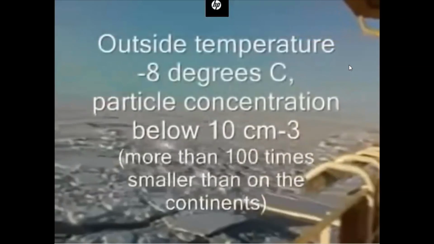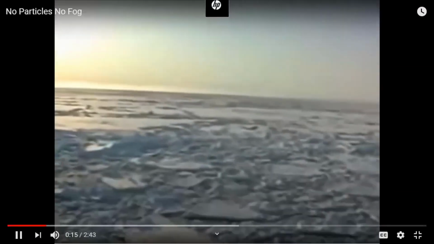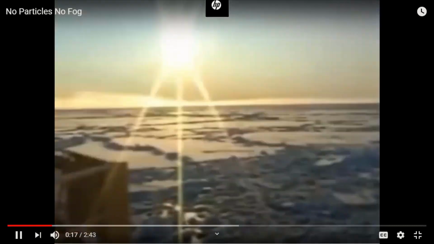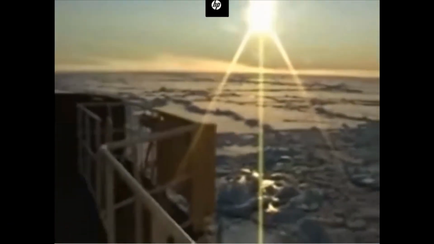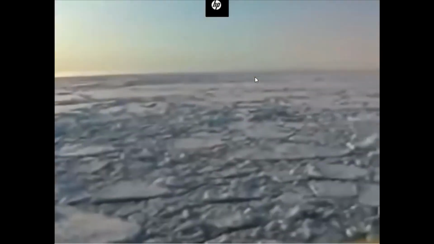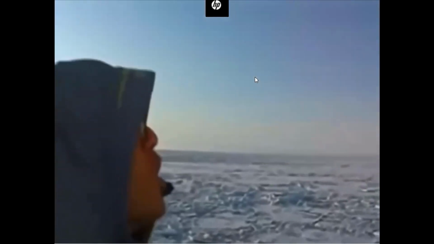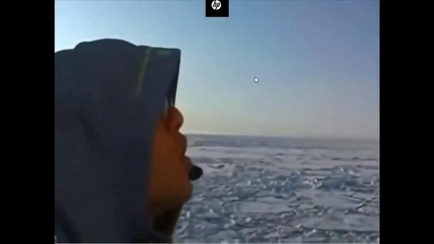There's no particles. Just breathe, right? Yeah, just breathe. The particle concentration is 5 per cubic centimeter. You ready? Yep. No breath. Turn to the other side so the sun faces you.